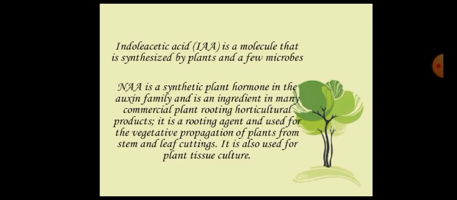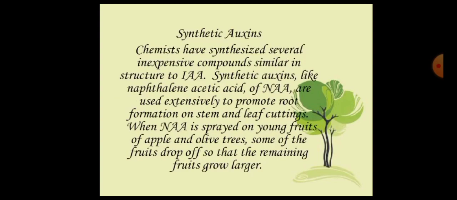NAA is a synthetic plant hormone in the auxin family and it is an ingredient in many commercial plant rooting horticultural products. It is a rooting agent and used for the vegetative propagation of plants from stem and leaf cuttings. It is also used for plant tissue culture.